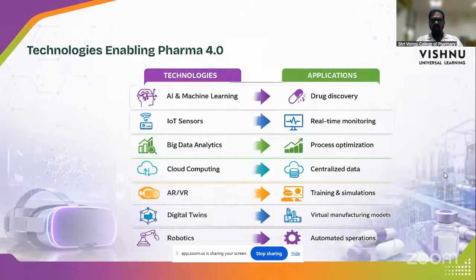Looking at the technologies industry is using now, AI ML models are used starting from drug discovery and development, and IoT sensors are used for real-time monitoring. In the era of 2.0 and 3.0, most things involved human monitoring, but with today's advancement, through IoT sensors we can easily detect mislabeled or defective items. We also use big data mainly for process optimization, which is possible only because of the analytics we can perform on the data.